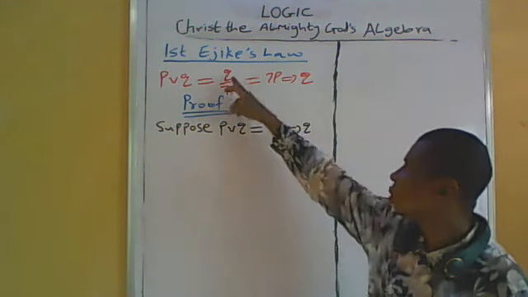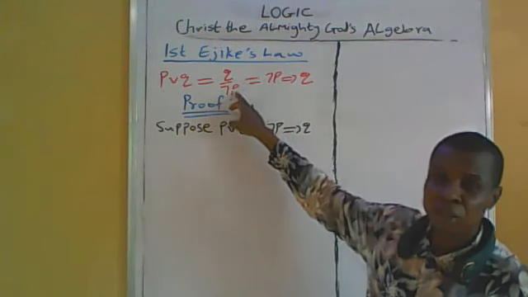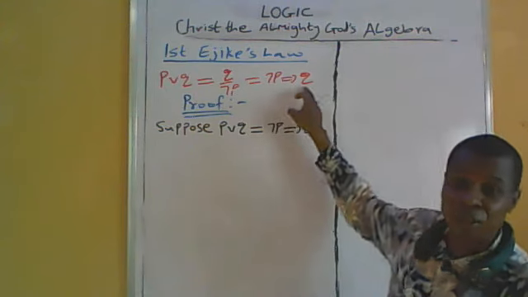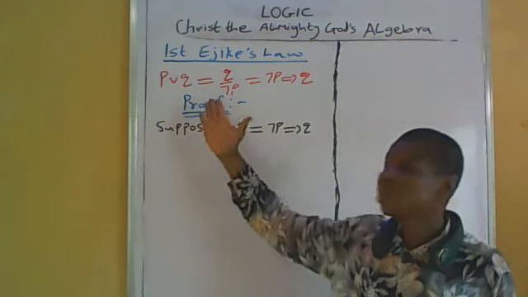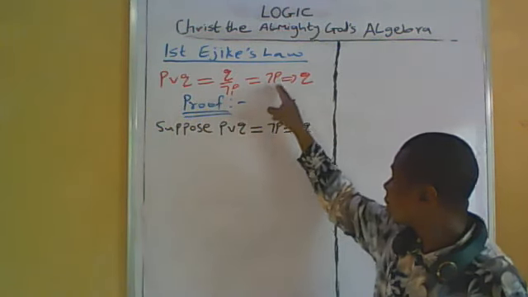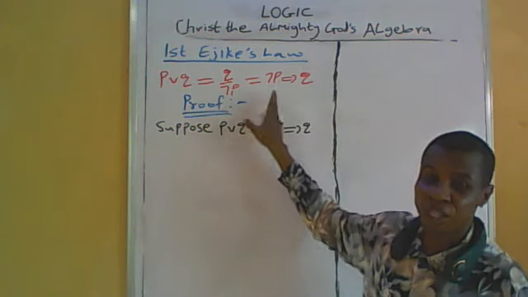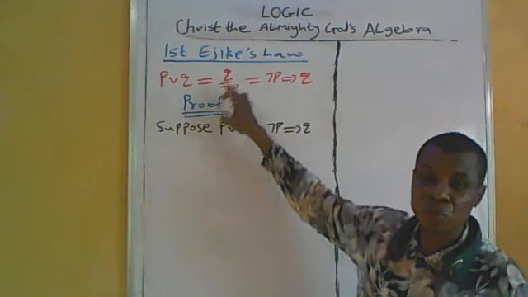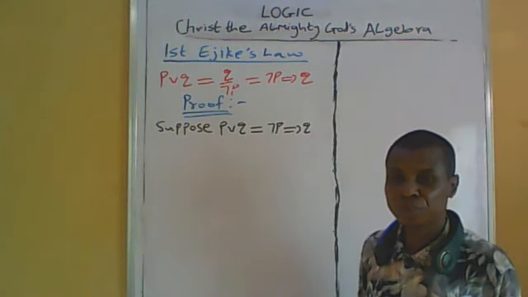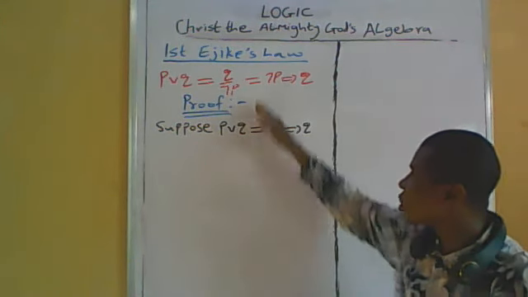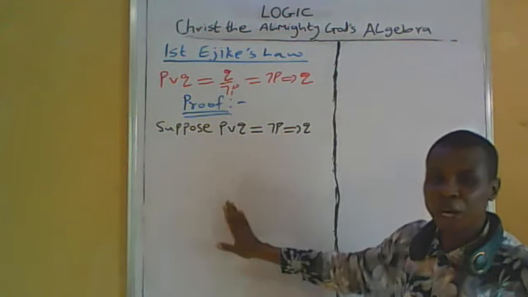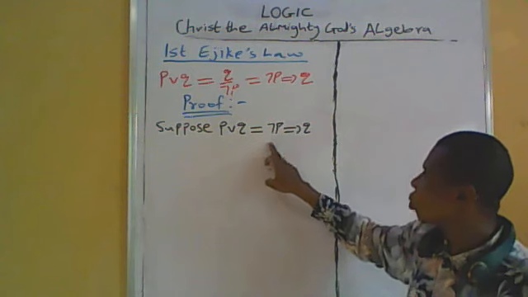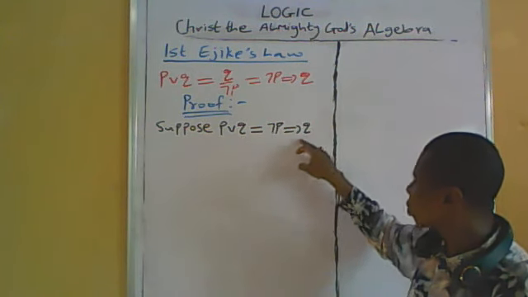That's why we remove Q upon not P, being that it's the same thing as not P implies Q, a conditional statement put in this form. So we remove it so that we will manage our space. We assume that P or Q is equal to not P implies Q.